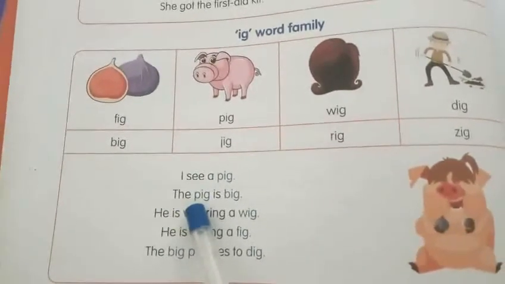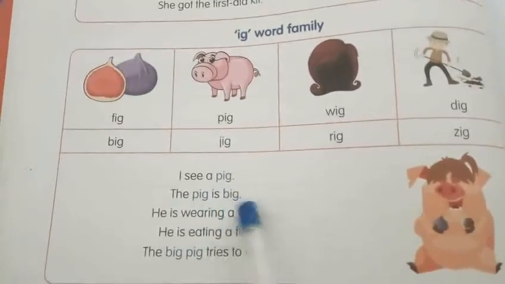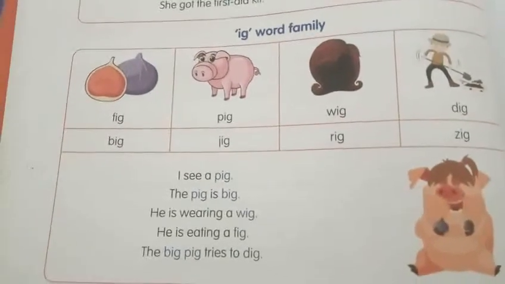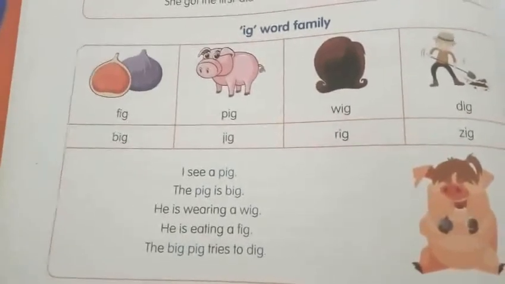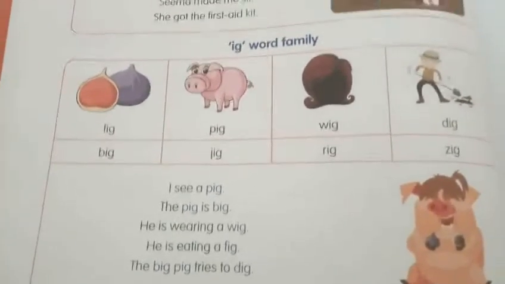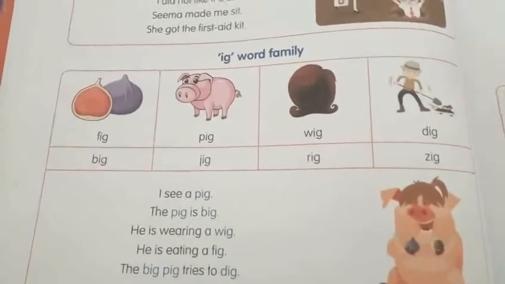This B-E-G, beg is big. In this slide you have to read the sentence. If there is a phonic word you have to cross, that means you will use the sounds, okay? Are you clear, my dear children? So the it word family and the eg word family, read this at home. You have to practice this.